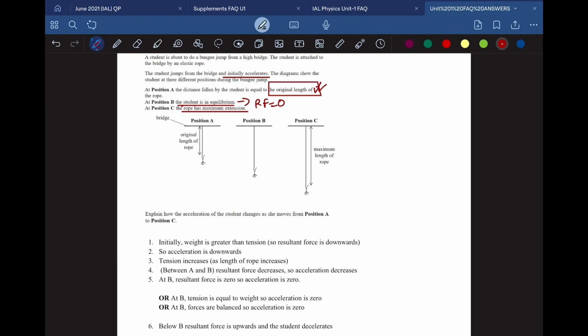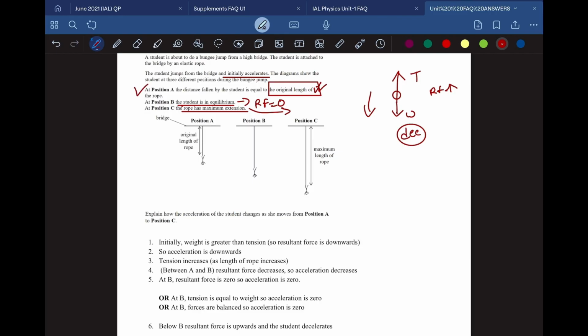And when the rope has maximum extension, that means the tension is greater than the weight. And when the tension is greater than the weight on the man, that means the resultant force is upward. And when the resultant force is upward but the man's direction of motion is downward, that means it is decelerating. So this is how we will explain the three parts.